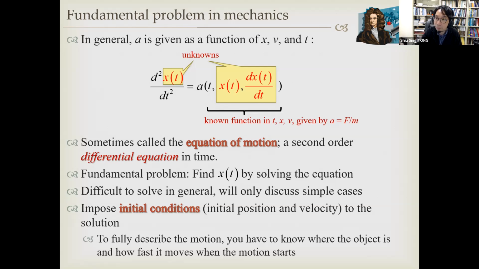Otherwise, without knowing where the ball is, without knowing with what velocity the ball is thrown, you have no way to know where it will be at a later time, right? So the initial conditions are important for you to fully specify the whole motion. That's why, when solving the differential equation, you also have to impose such known conditions into the problem in order to arrive at the full solution of the problem.